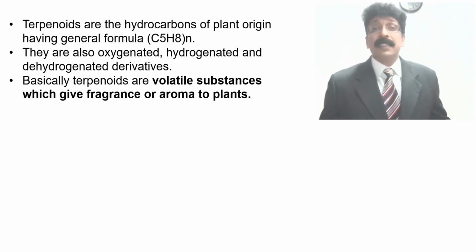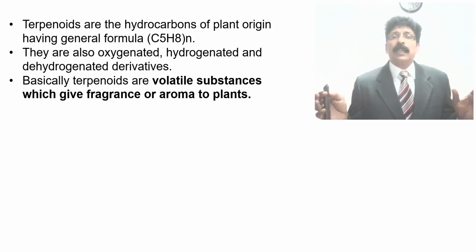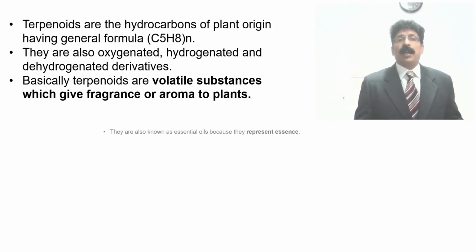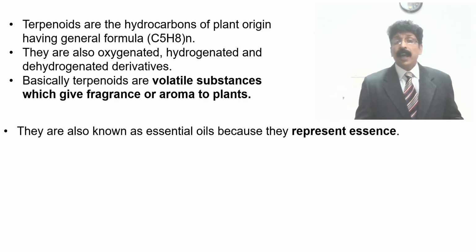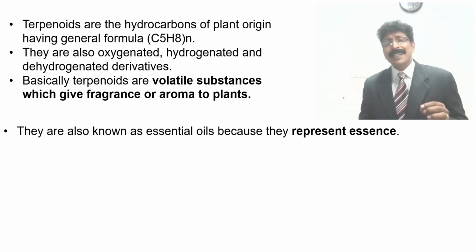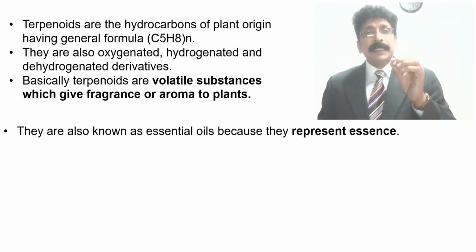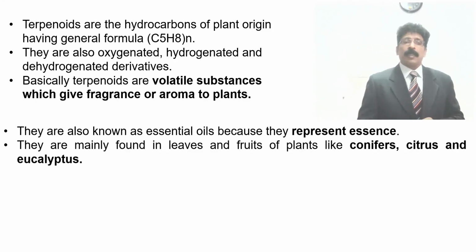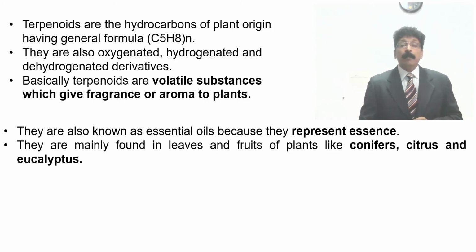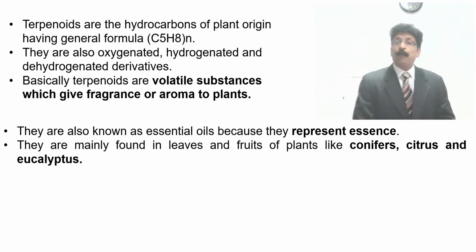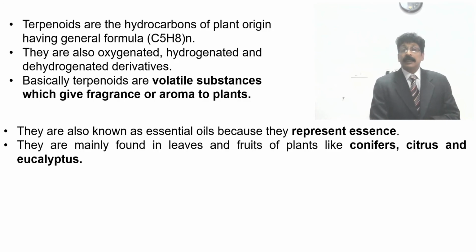They are easily volatile substances which give fragrance or aroma to plants. They are also called essential oil because they represent the essence. They are mainly found in leaves and roots of plants like conifers, citrus and eucalyptus.